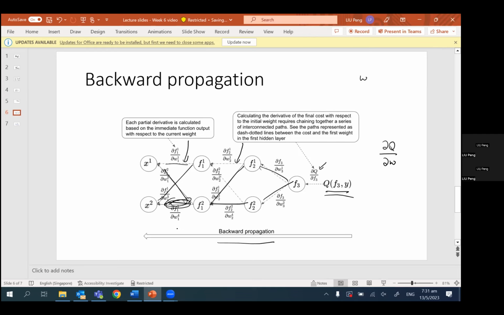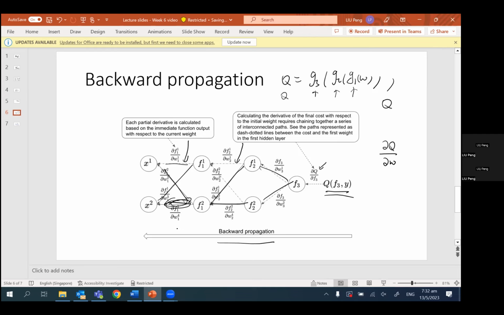This is an overuse of notation, so let me use G here. G1 is a function, and then we go through G2, then G3, and then we have Q here. This is called function composition. We go through G1 first, then G2, then G3, then get to Q.